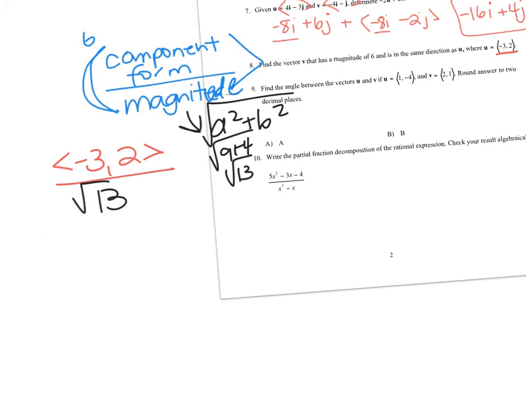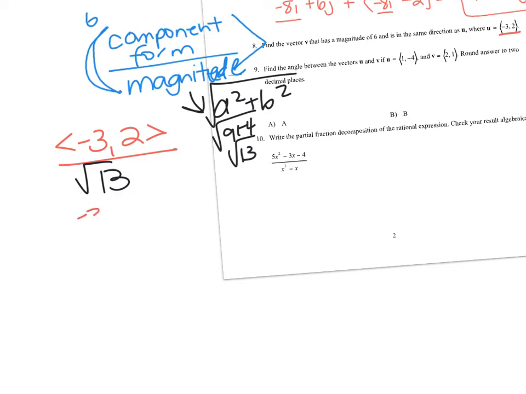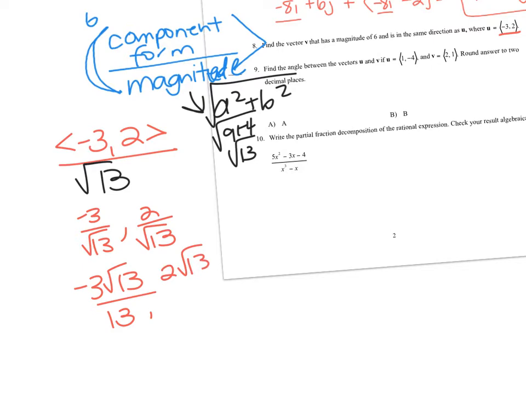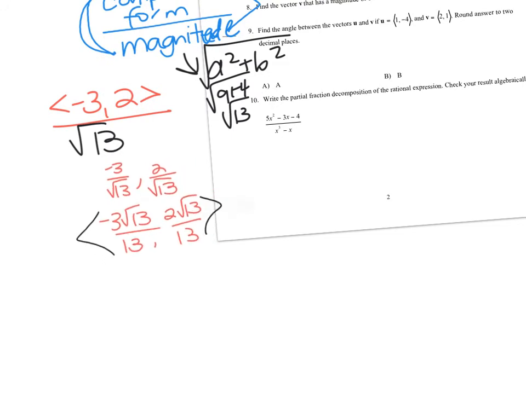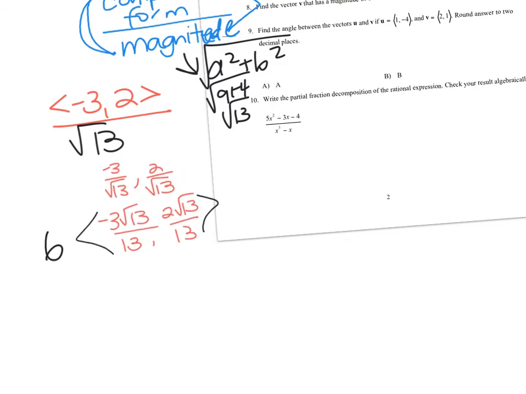And then we split this and rationalize. And if it didn't give us a magnitude, that would be our answer. But now it's telling you that the magnitude of this is 6. So we have to multiply that in. So I'd get negative 18 root 13 over 13, and then 12 root 13 over 13.